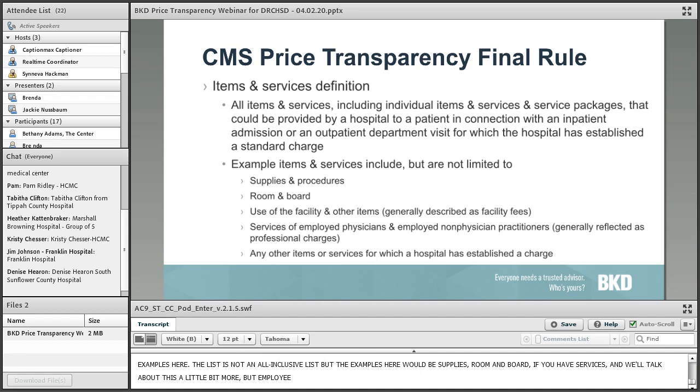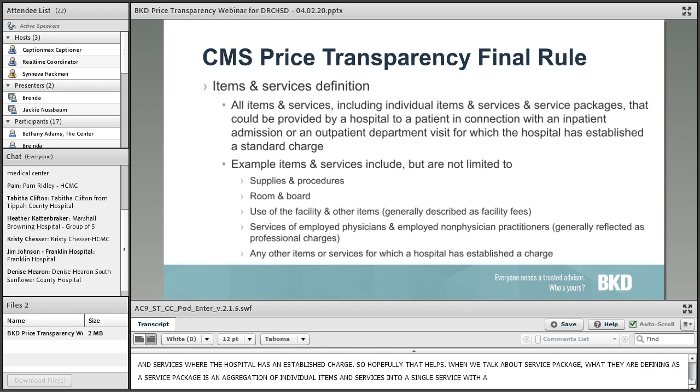If you have services of employed physicians, and we'll talk about this a little bit more too, but employed physicians and employed non-physician practitioners would be included in this. Again, it kind of comes back to this last bullet. It's really those items and services where the hospital has an established charge. So hopefully that helps.